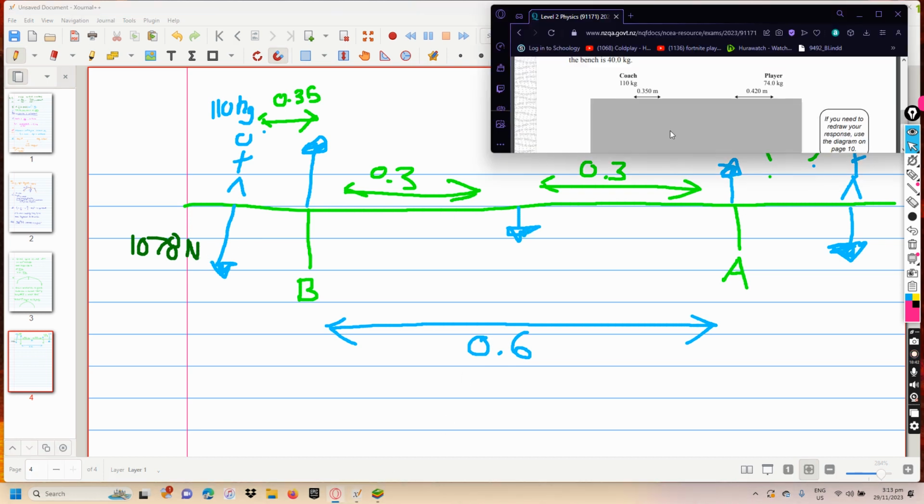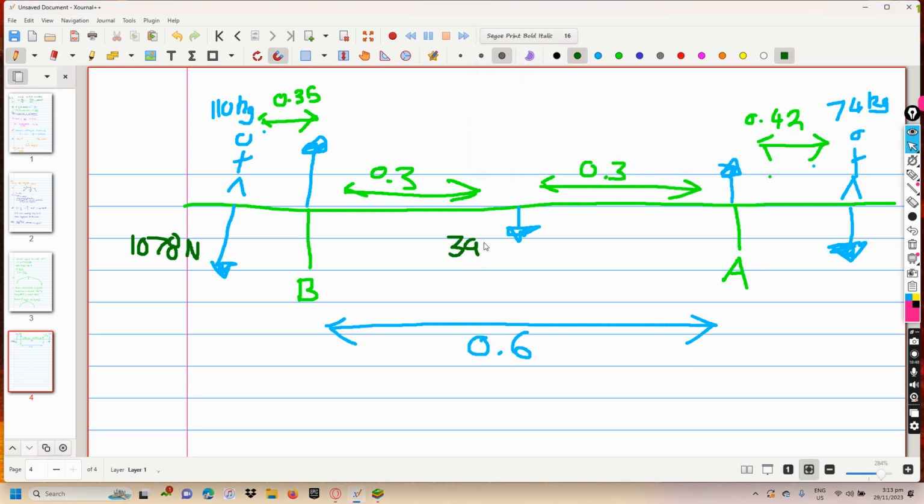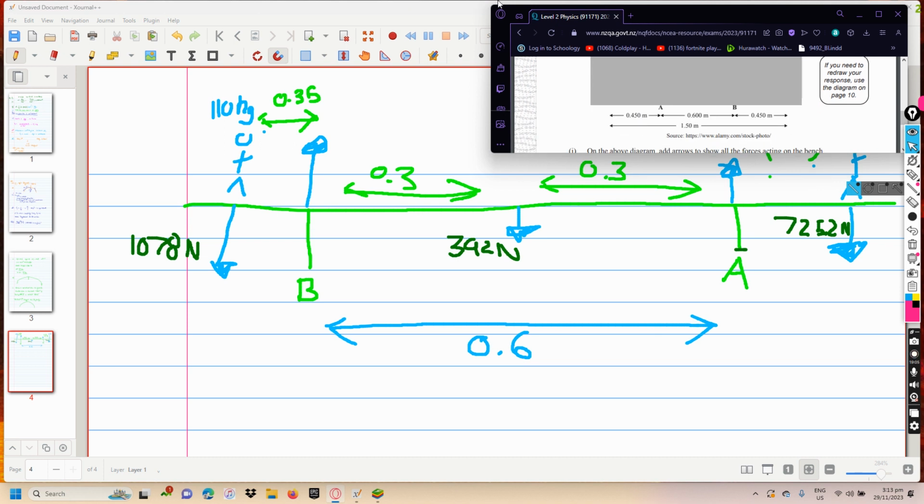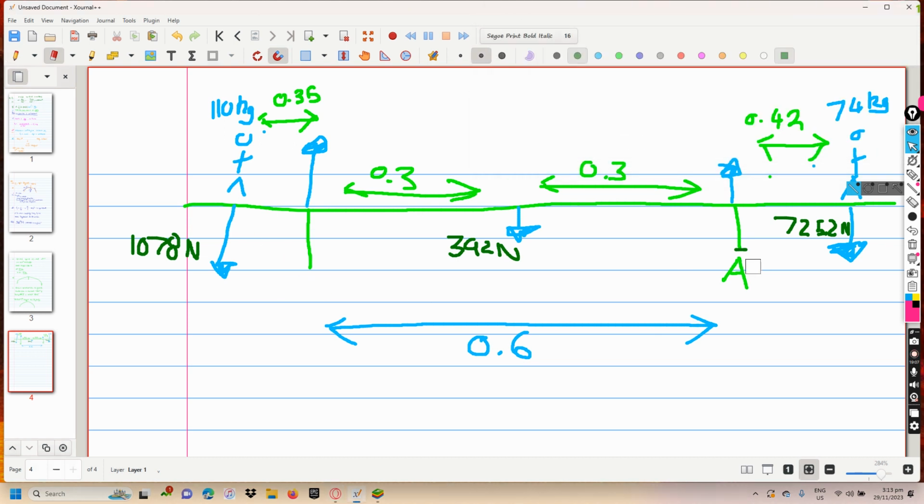The bench weighs 40 kilograms, so we're going to have 40 times 9.8 equals 392 newtons. 74 times 9.8, 725.2 newtons, and we don't know our 2 support forces. So, if I put A and B around the wrong way. Whoops. Let's not do that. This is A, this is B.